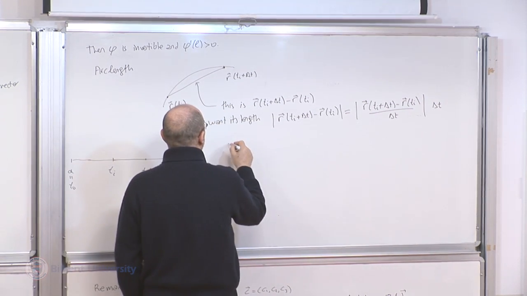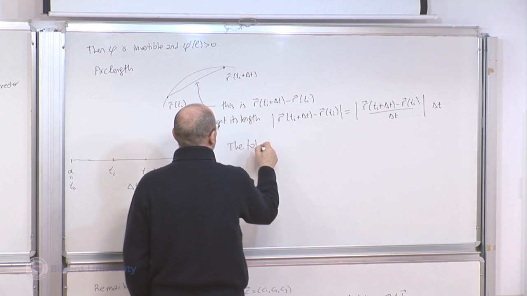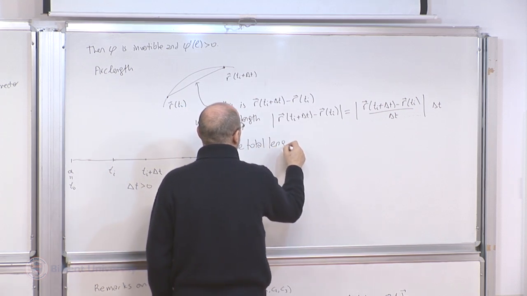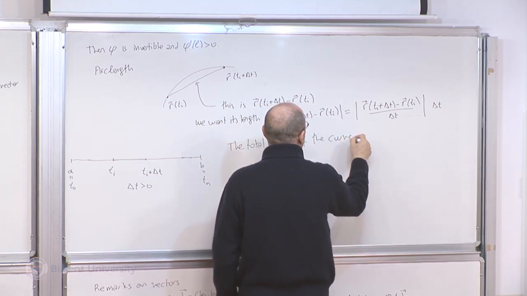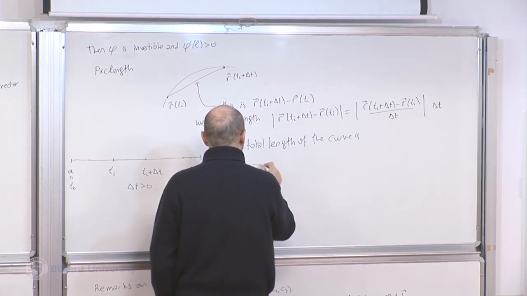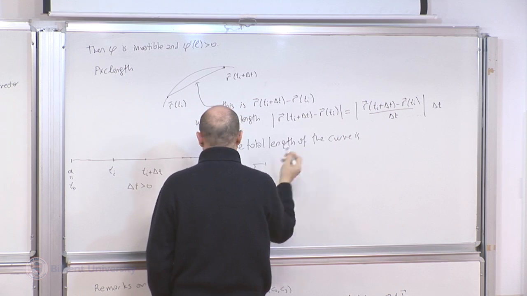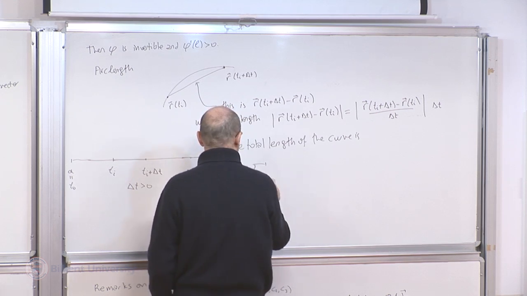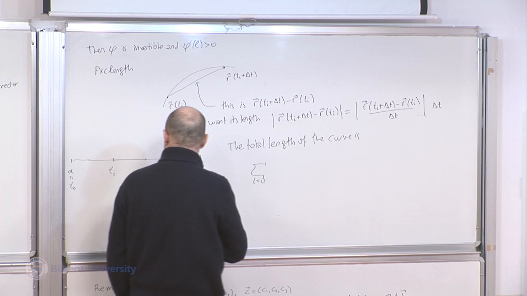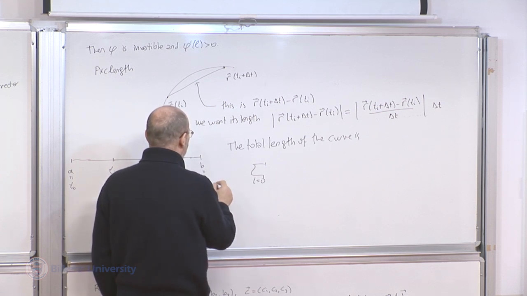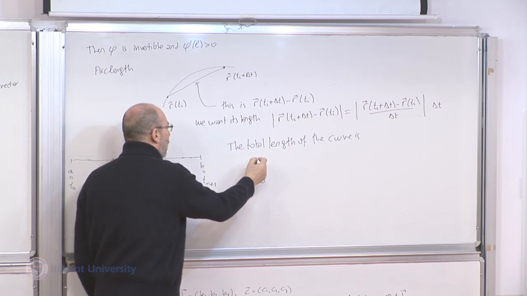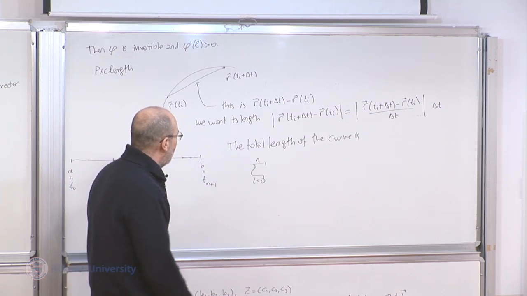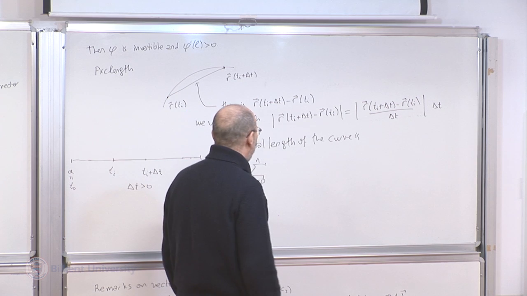So the total length of the curve is the summation of all these, summation over i. In this case, I will start from 0. Let me write this n plus 1. If it is n plus 1, then I can go up to n. It looks uglier to write n minus 1 here.